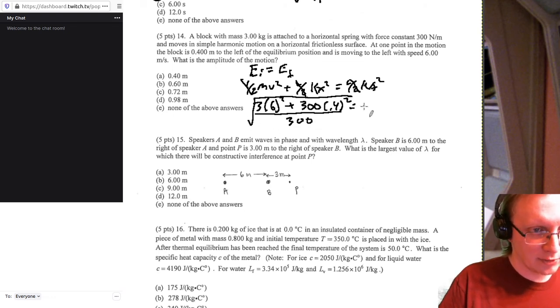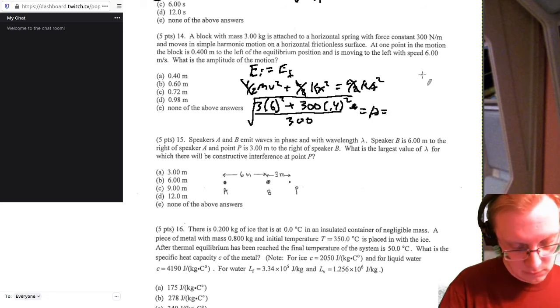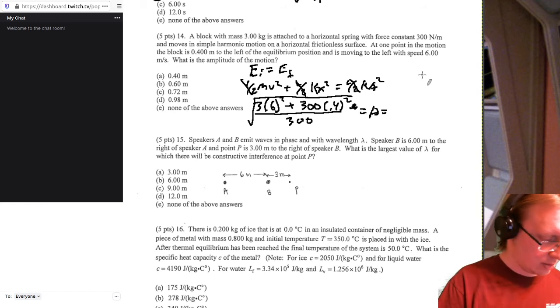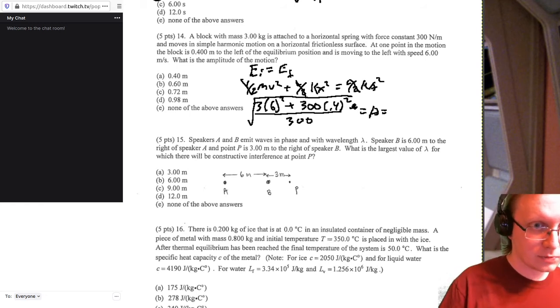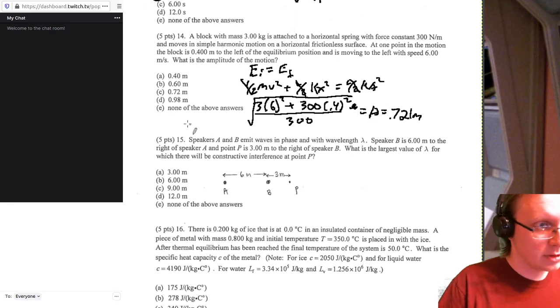And then we take the square root of that whole mess, and that is our A. Square root of 3 times 6 squared plus 300 times 0.4 squared, divide by 300. 0.72 meters.